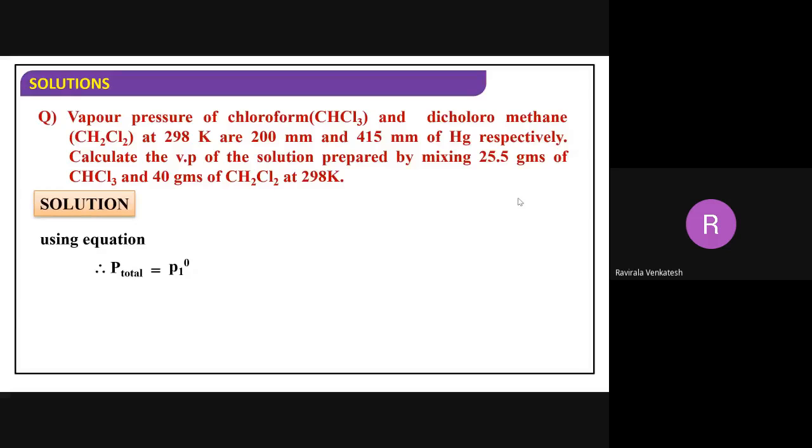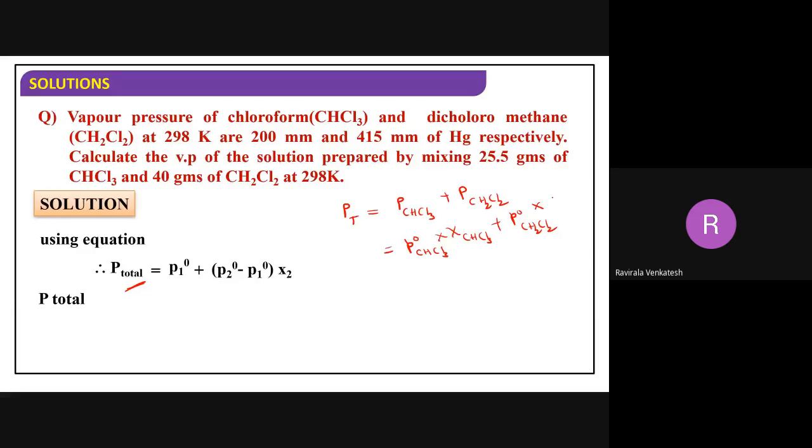Now, what is the formula for calculating P total? Generally it is the partial pressure of chloroform plus the partial pressure of dichloromethane. The formula for the partial pressure is P naught chloroform into the mole fraction of chloroform, plus P naught CH2Cl2 into the mole fraction of dichloromethane. Right?